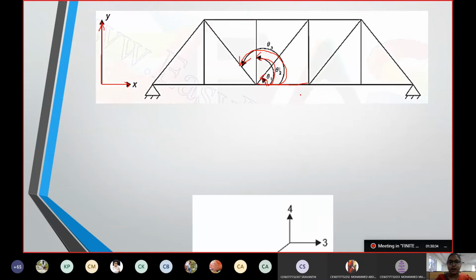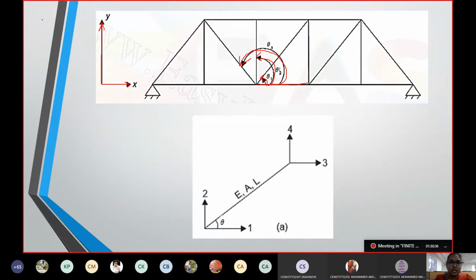So one member I'll take. Suppose I will take this element from the member. Now this element has two nodes, node 1 and node 2. So this is my node 1 and this is my node 2.